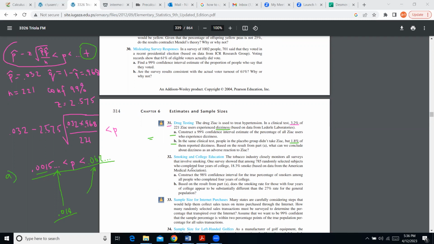So is it really making sense that dizziness is an adverse reaction if 2% of people experience dizziness anyways? Well, probably, who knows, it's 6%, the worst case scenario, so maybe it's still possible that it does give people dizziness, because it looks like it's possible that instead of 2%, 6% of people get dizzy. So it looks like it doesn't really tell us much in here.